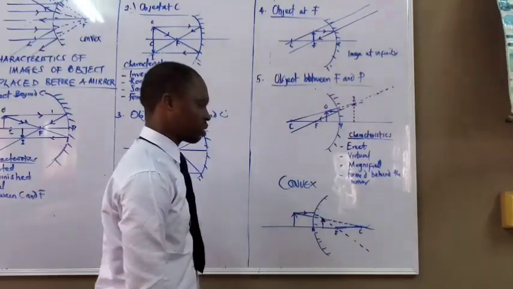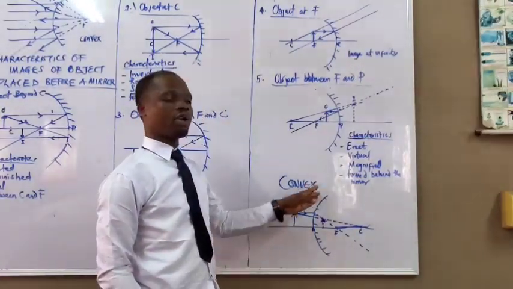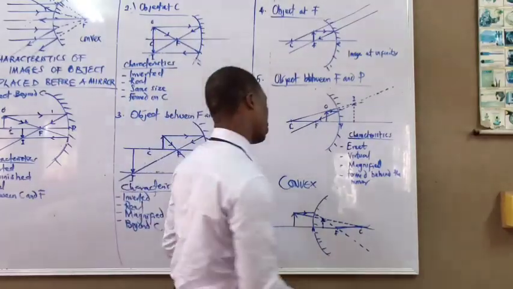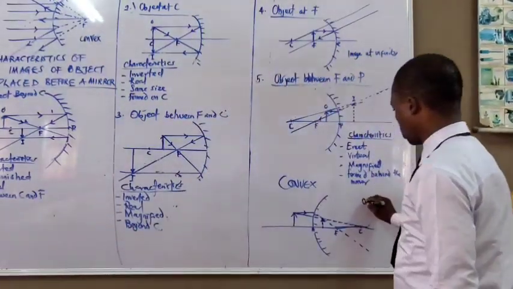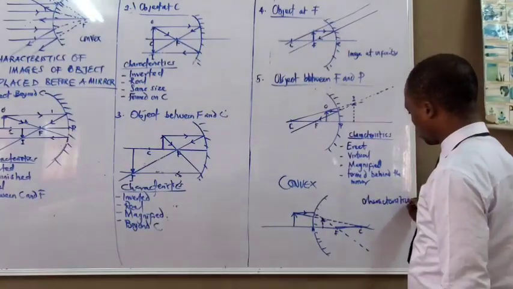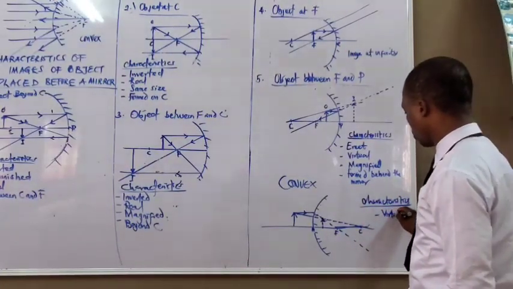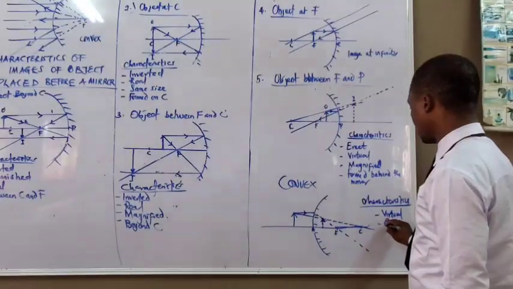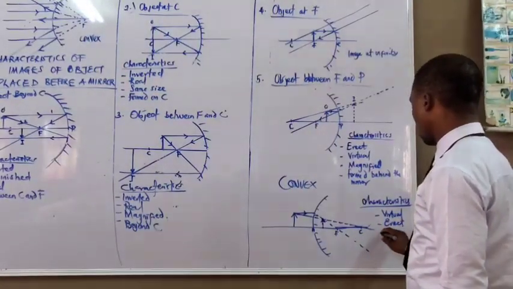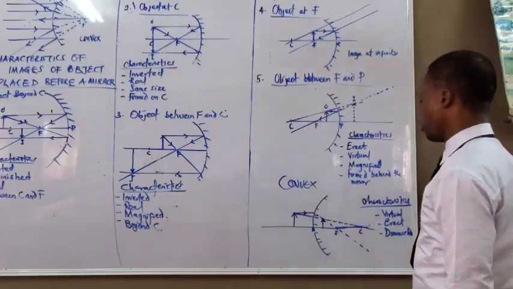So the characteristics of any image of any object placed in front of a convex mirror is that you always have a virtual, erect, and diminished image.